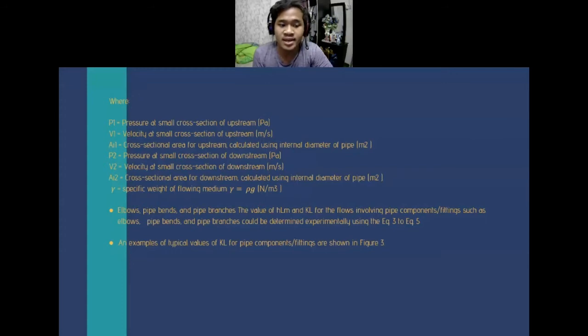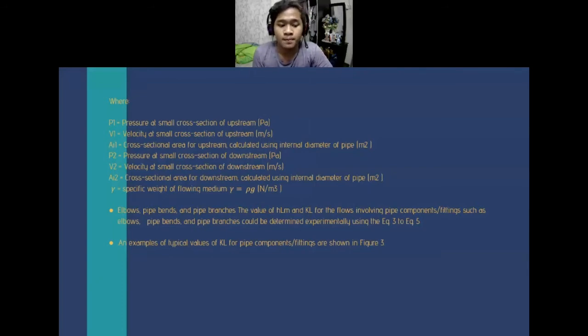V2 equal to velocity at the small cross-section of the downstream in meter per second. A2 equal to cross-sectional area for the downstream calculated using the internal diameter of the pipe, meter squared. And the last one is gamma equal to specific weight of the flowing medium, gamma equal to rho g in Newton per meter cubed.